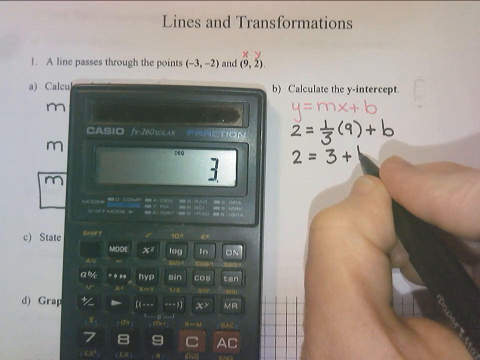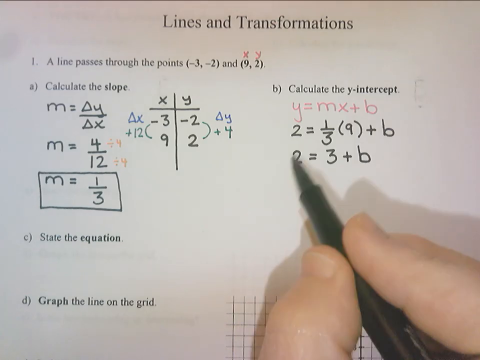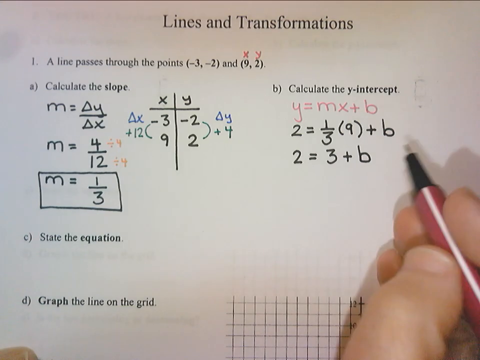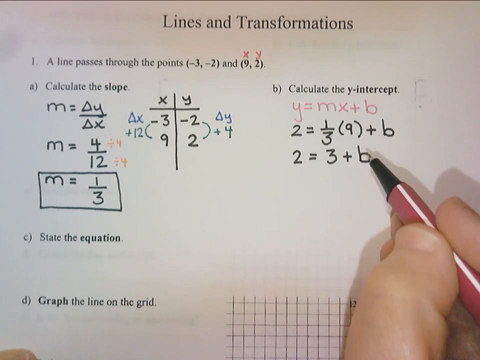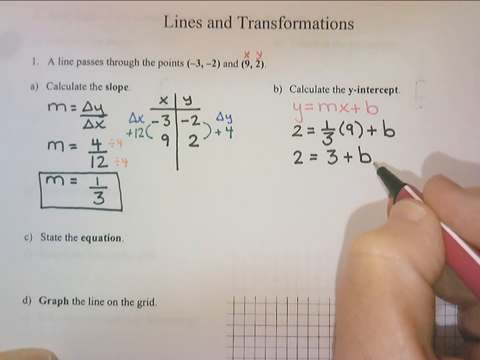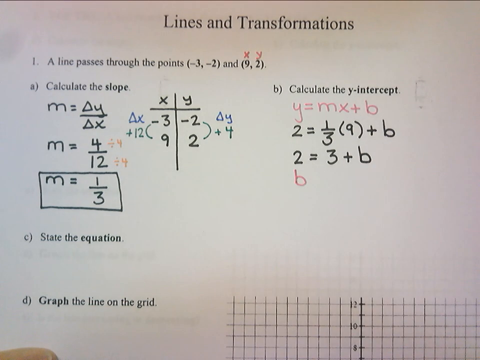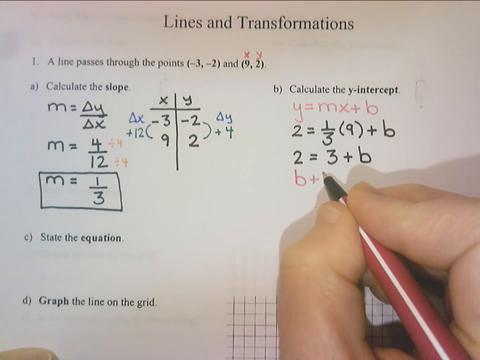plus b. Now, if you feel comfortable solving this equation with b on this side, that's fine. But if you are not comfortable, you can trade the sides. So we can put the 3 plus b on this side and the 2 on that side. And if I'm going to bring the 3 plus b over to this side, I'd like the b to go first. So since the b is positive, I'm going to write positive b. The 3 is also positive, so plus 3.